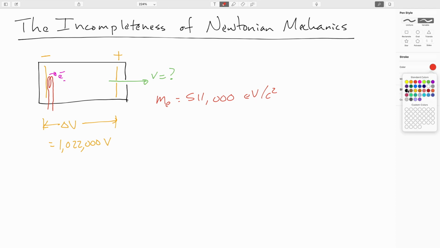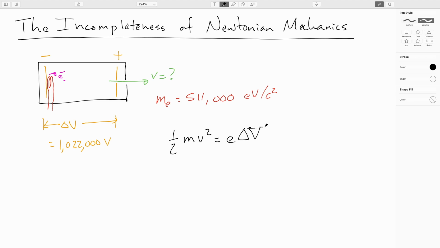All right. So we can go ahead and conserve energy here. So the kinetic energy of the particle as it leaves the electron gun, 1/2 mv squared, would have to be equal to its potential energy, which is going to be its charge, e, times the voltage difference through which it was accelerated.